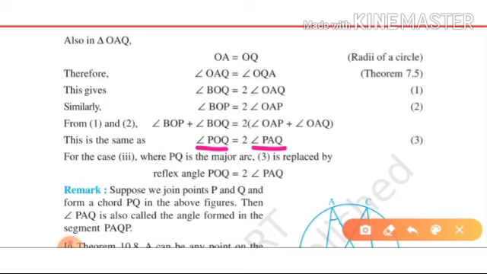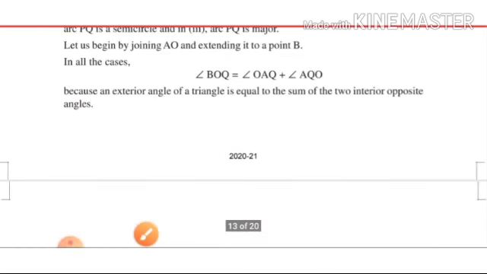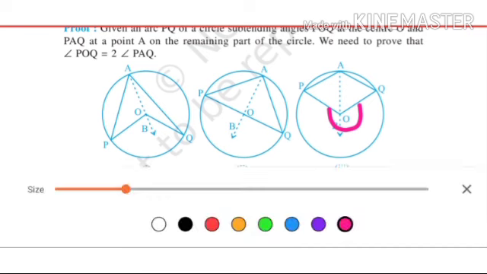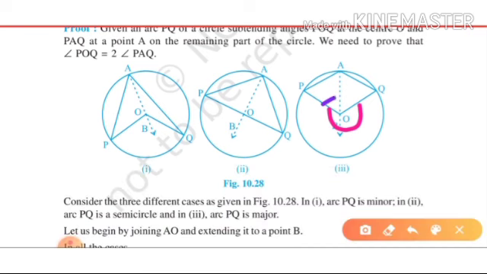For case 3, it is the same thing, we just have to replace it. Instead of this POQ, we have to write reflex angle. Why reflex angle? If you look here, this POQ is greater than 180. When you say POQ, we generally take this angle actually.